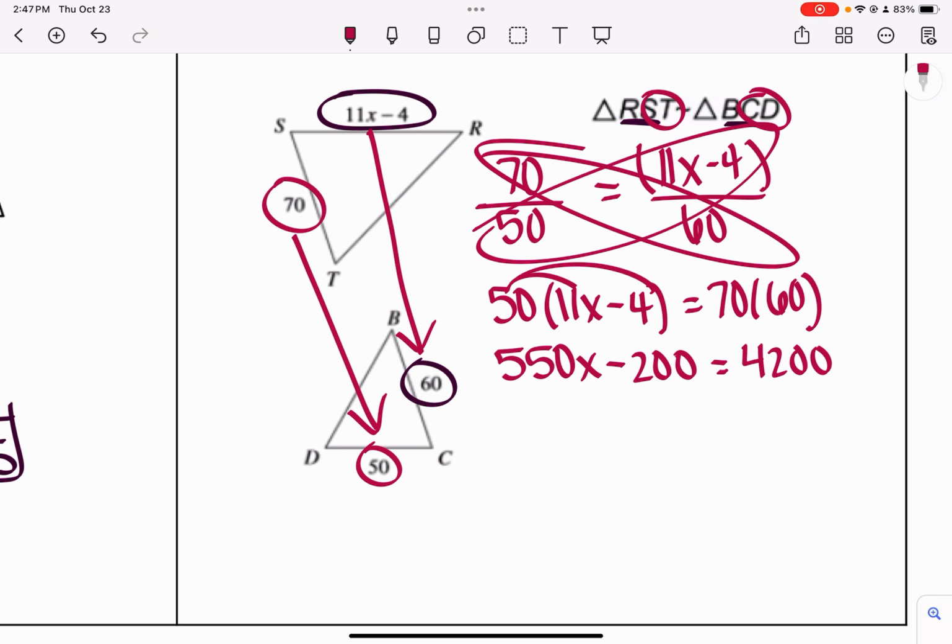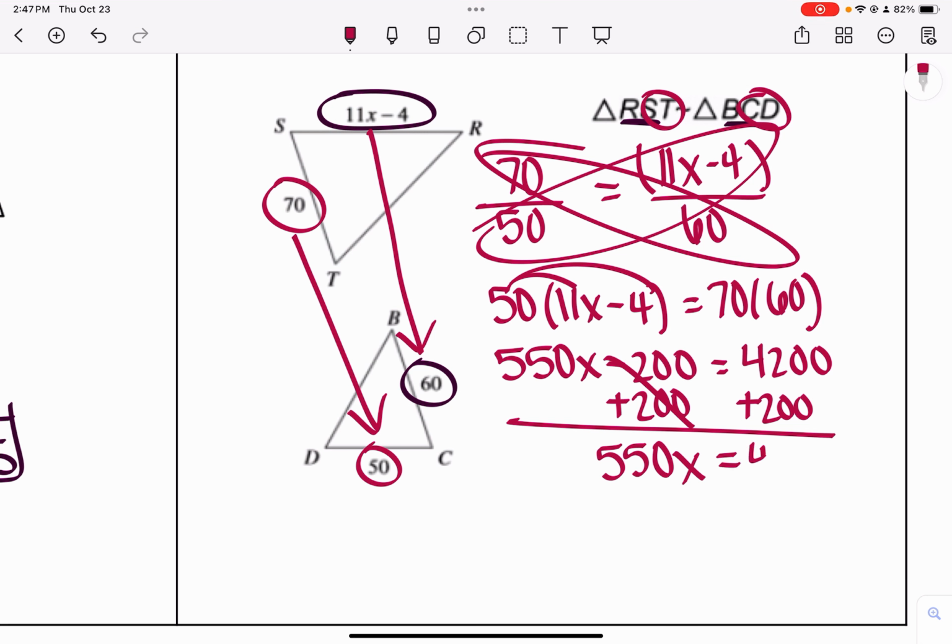Then we're going to get all the numbers to this side because that's alone already, so I'm going to add 200. So 550x equals 4,400, and then we're going to divide both sides by 550. So we get 8.